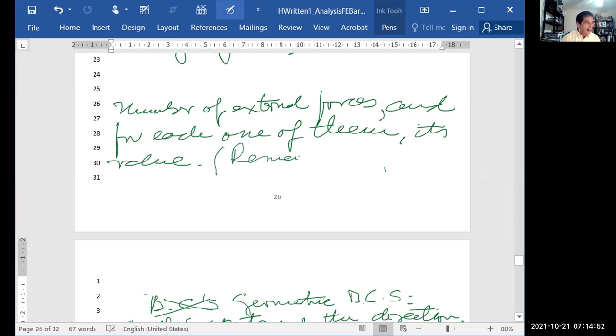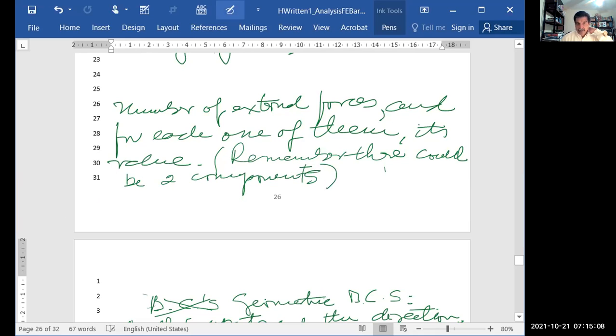Remember, there could be 2 components. Okay, in X and in Y directions. So we have to be careful with that.